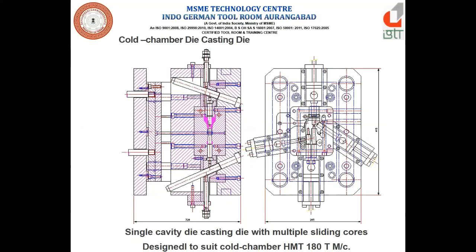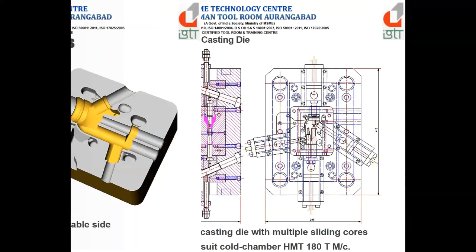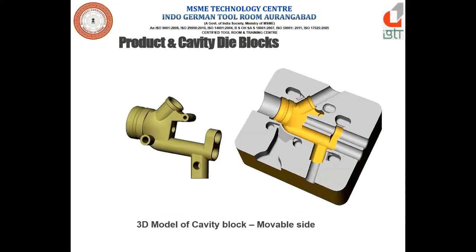And now this is the assembly drawing with multiple slides, the original component with the die block. Runners and overflow gates are already shown on this.